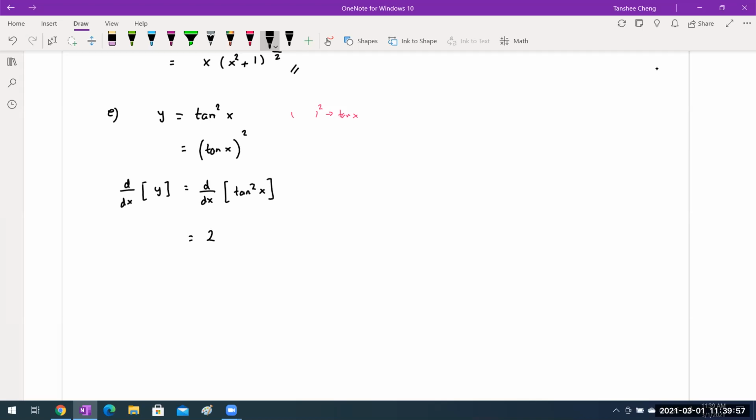Bring down the power, and then tangent x, and then this is 1 minus power, so 2 minus 1 will become just 1. Times, let me write it down, 2 minus 1, just for your notes purpose. And then times the derivative with respect to what? The inside function, which is the tangent function.